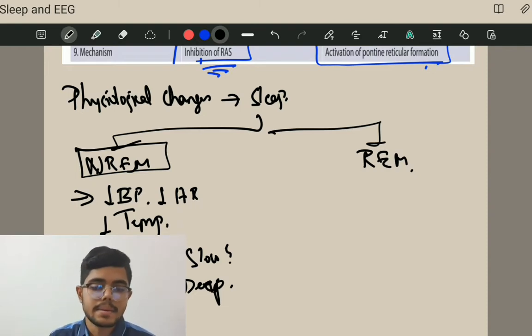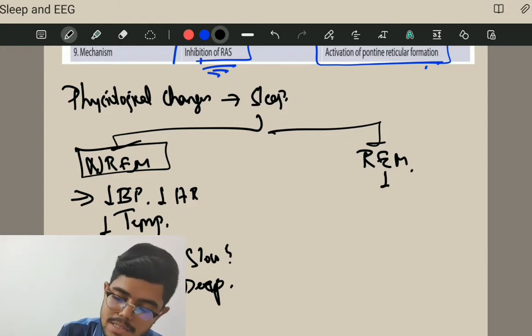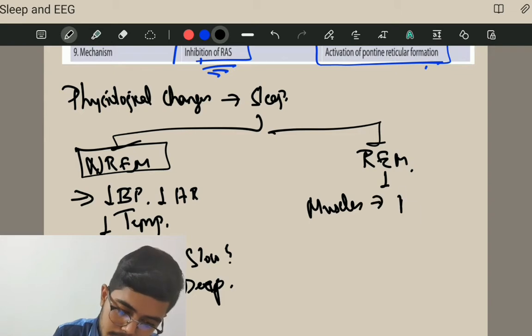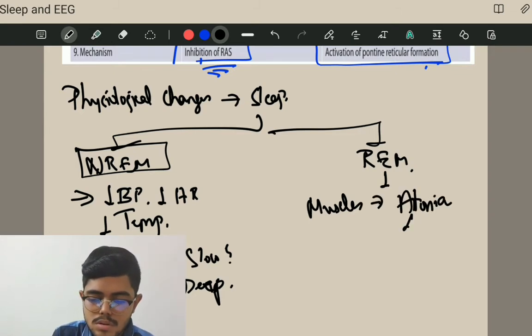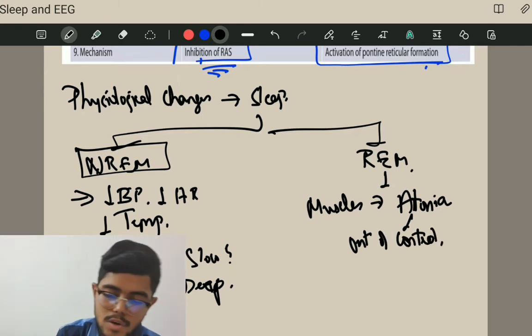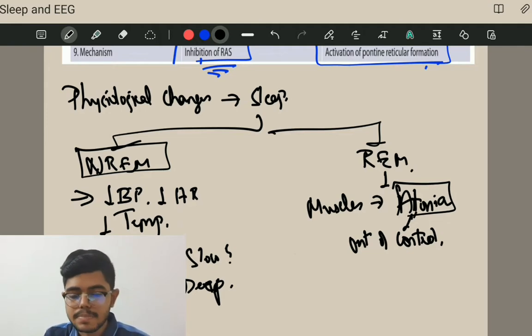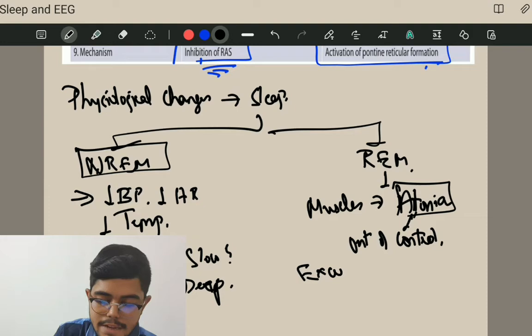Now in REM sleep, the muscles will also undergo something called atonia. Means what? Out of control, right? Yes, sometimes we get a condition of atonia, out of control, except some muscles don't even get atonia.